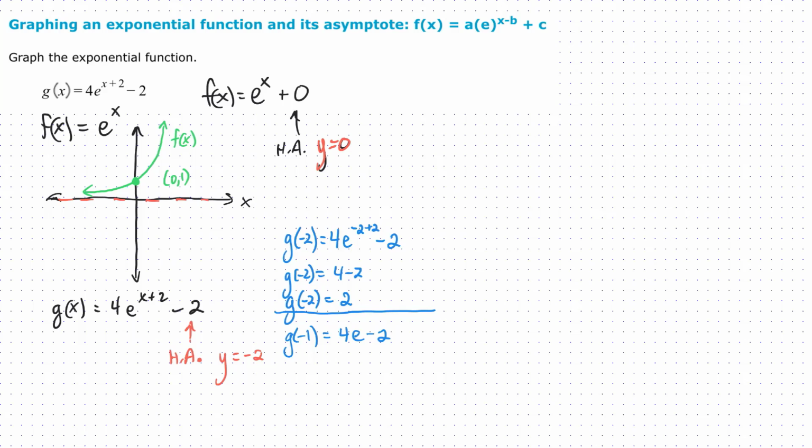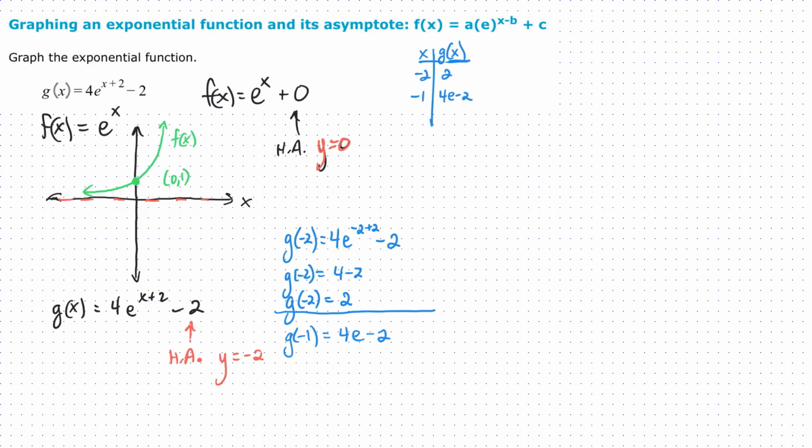Let's go ahead and put these ordered pairs in a t-chart. In our t-chart, why don't we use g of x so that you don't get it confused with f of x. So we have -2, 2, and then we have -1 and 4e minus 2.